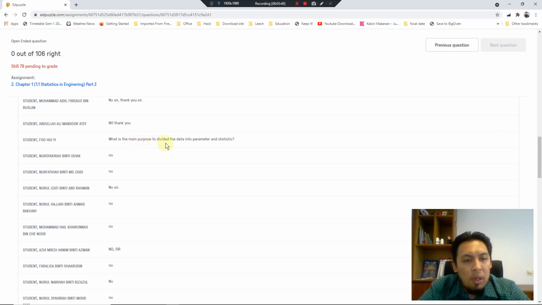What is the main purpose? We differentiate between parameter and statistic because the notation will also be different. When we use the correct notation for parameter and for statistic, people with this knowledge will know where the data came from.